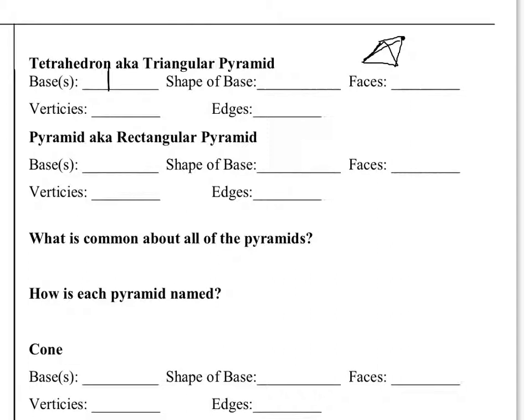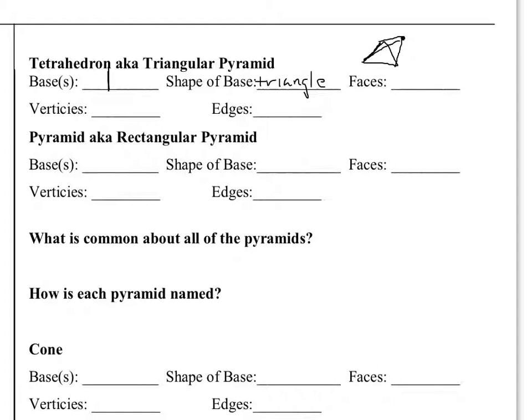What is the shape of the base? Triangle. What type of triangle do we have to be? Doesn't matter. How many faces does it have? So we're now counting the number of those flat surfaces. Show me with your fingers, how many flat surfaces does it have?